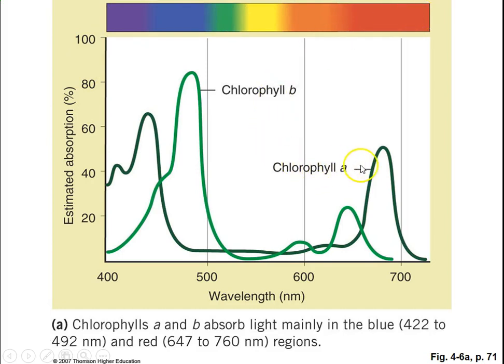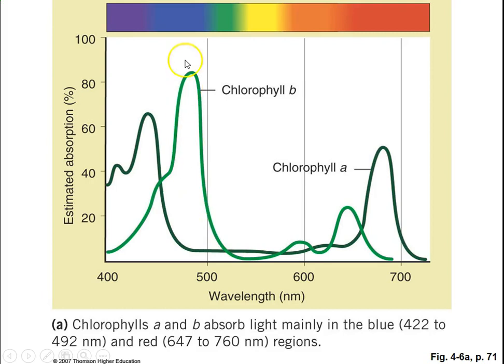And we've got our two different chlorophylls, chlorophyll A and chlorophyll B. Both are green, and they tend to reflect the green light and the yellow light, but they have higher absorbance in the blue portion of the light spectrum and in the red portion. There is less absorbance in the green and yellow portions of the spectrum.